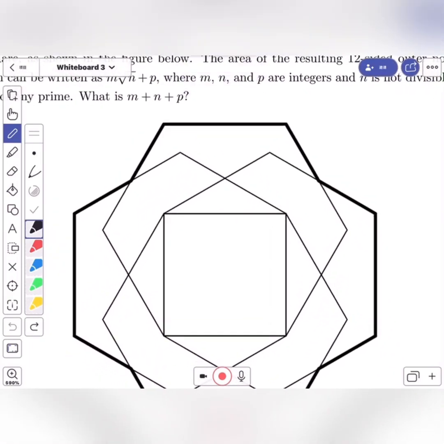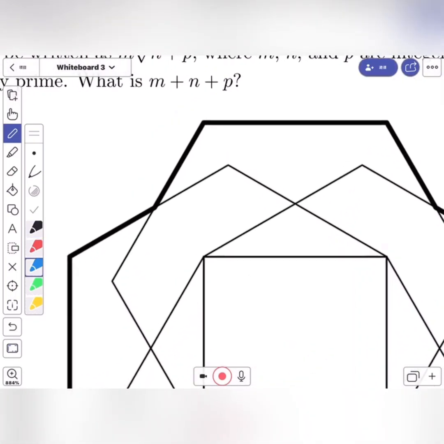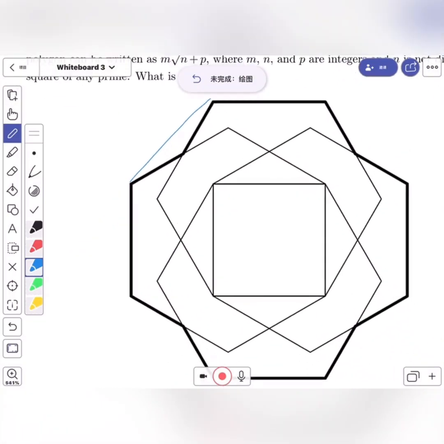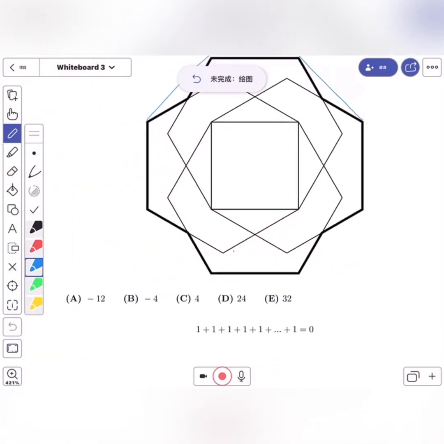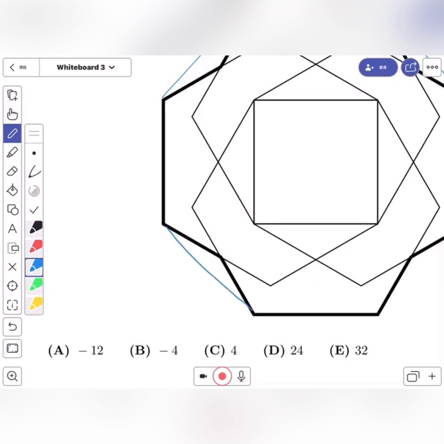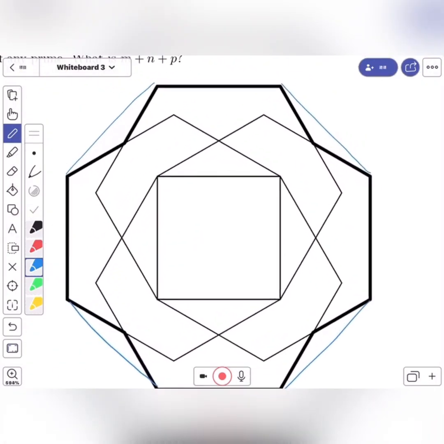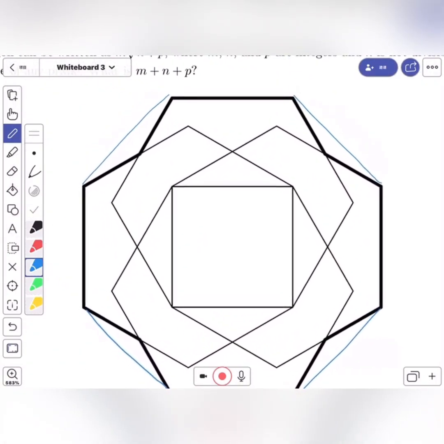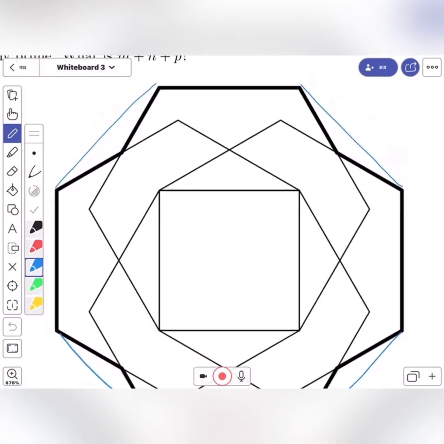When we look at this shape, it seems like if we draw a line like this, then we can actually make this shape an octagon, which is a shape that's way nicer to deal with because we have a bunch of right angles and 45-45-90 right triangles, and that just seems better than this shape that seems really confusing.